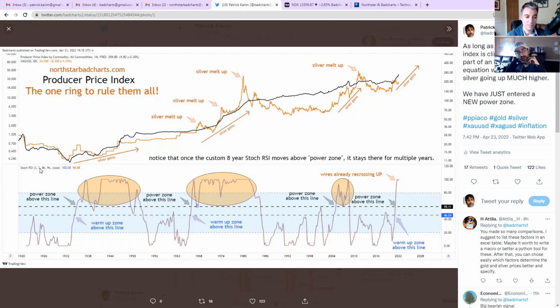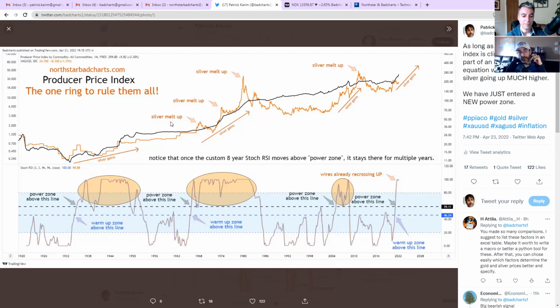And just look at the stock RSI. Here's the 8-year custom stock RSI, and do TA on it. So whenever we cross this line here, the warm-up zone, that's when silver, okay, something's happening. And then when you cross above this higher line here, that's when you have long-term appreciation gains. They're not in a straight line, of course, guys, there's pullbacks, but here you have better chances of having gains than losses.